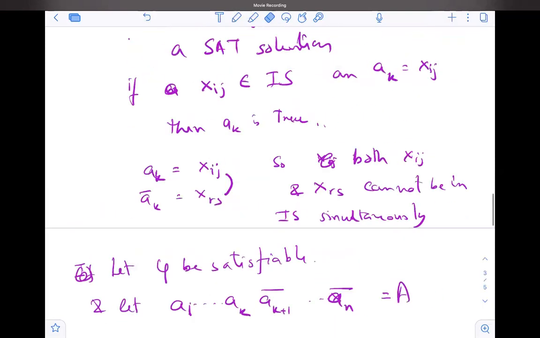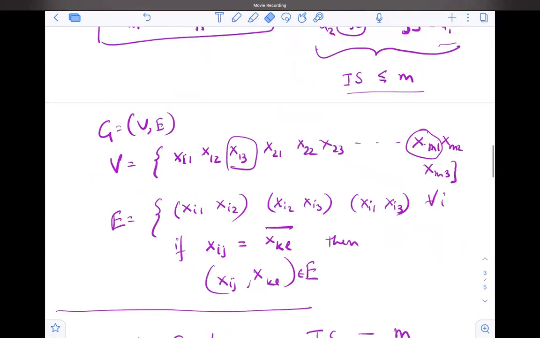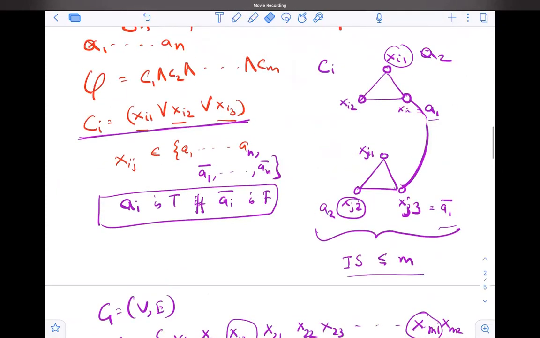See, I had the set of vertices, right? The vertices are xi1, xi3, but xi3 equals to a1. I have also xj3. Xj3 can also be equal to a1 if required, right? So I'm just going to pick up those vertices, look at all the vertices which correspond to things that have been satisfied.